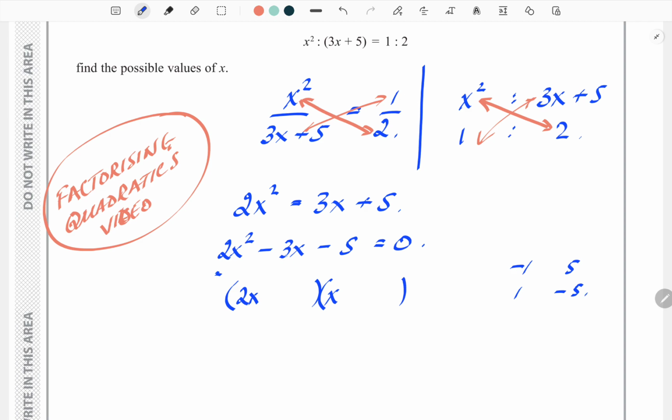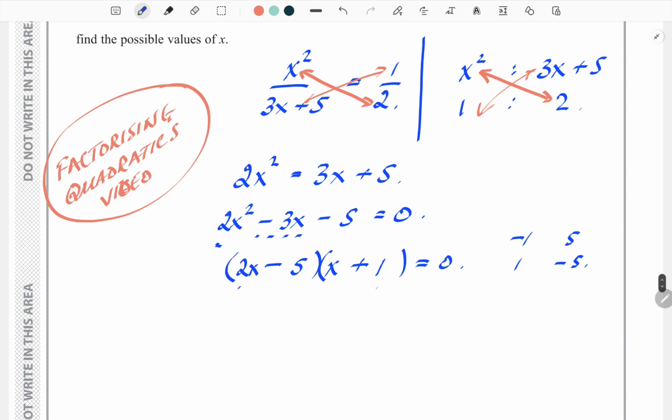And given that the middle term is minus 3, I'm going to put the 5 here and the 1 there. So that's going to be a minus 5, and that's going to be a plus 1. Why? Because when you multiply that out and double check it, you'll find that 2x times 1 is 2x, minus 5 times x, 5x, gives you minus 3x.